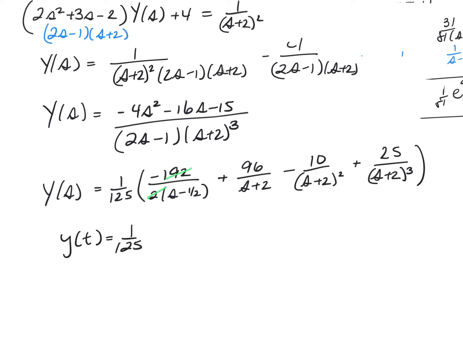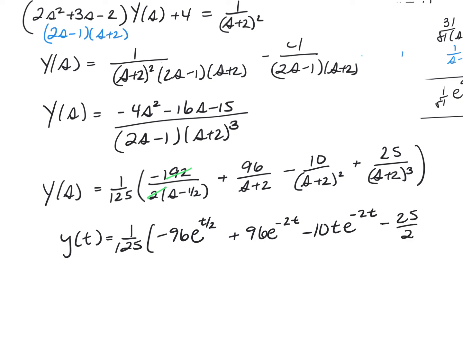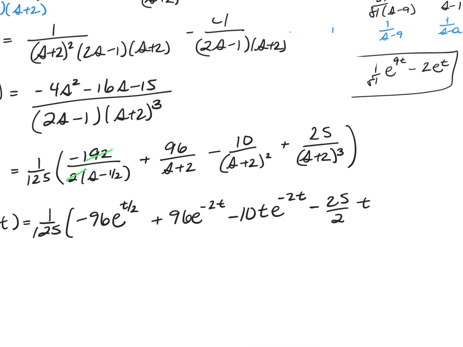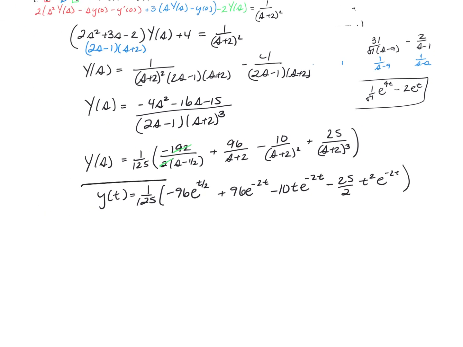These two cancel down, of course, leaving me negative 96e raised to the t divided by 2, in other words, t times 1/2, plus 96e raised to the negative 2t, minus 10t e raised to the negative 2t, minus 25 over 2 t squared e raised to the negative 2t. And there's my final answer.